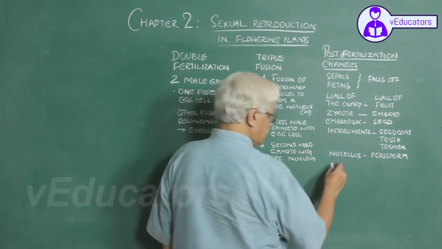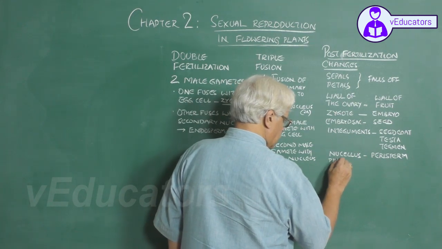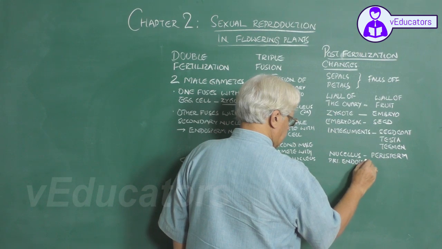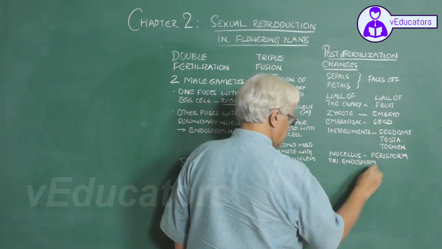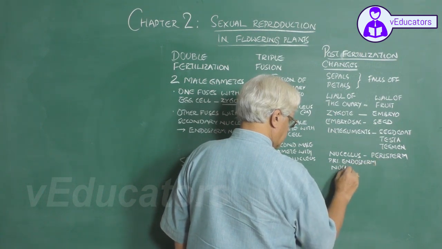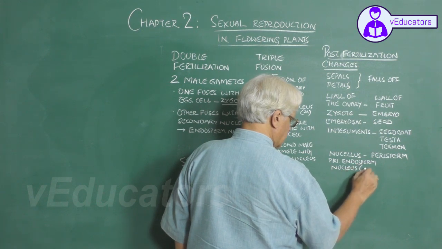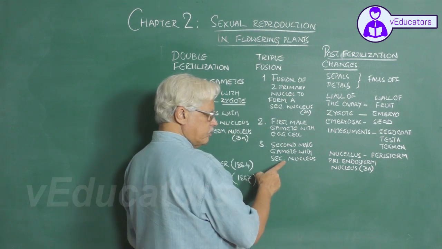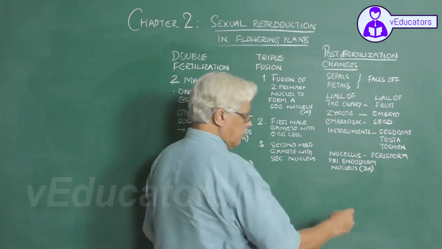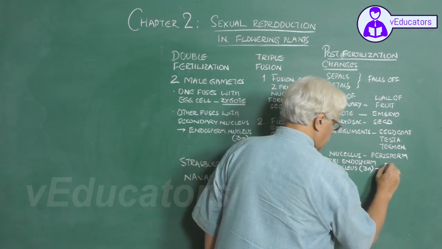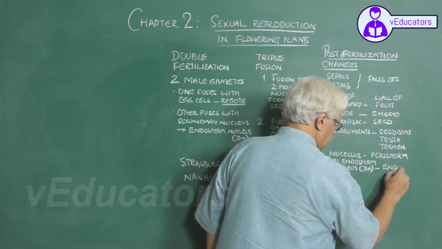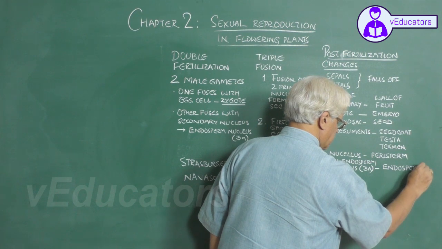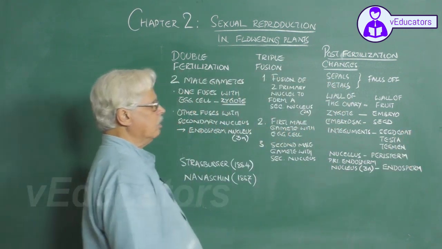and the primary endosperm nucleus which is triploid gives rise to the nutritive tissue in the seed called endosperm.